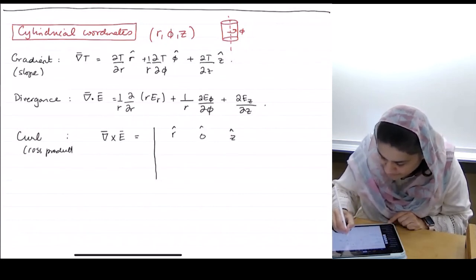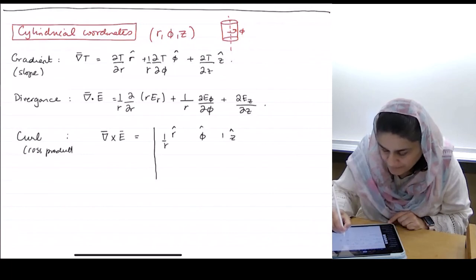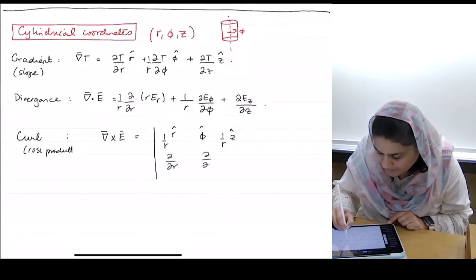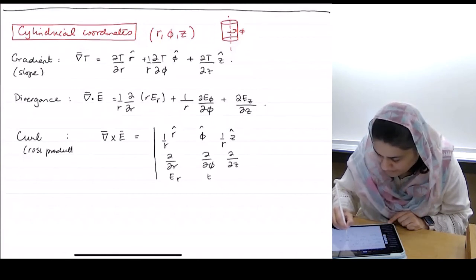I'm calling them phi's. And so this will be 1 over r, with partial over partial r, partial over partial phi, and partial over partial z, and E r, E phi, E z.